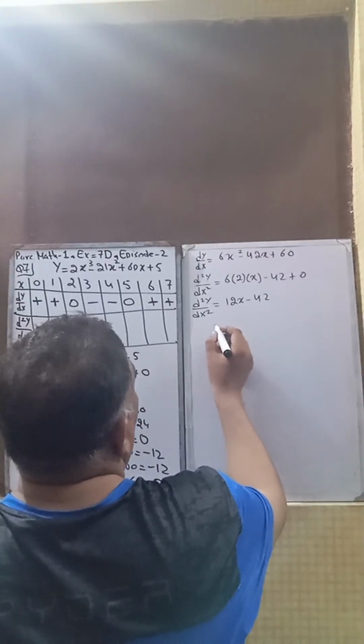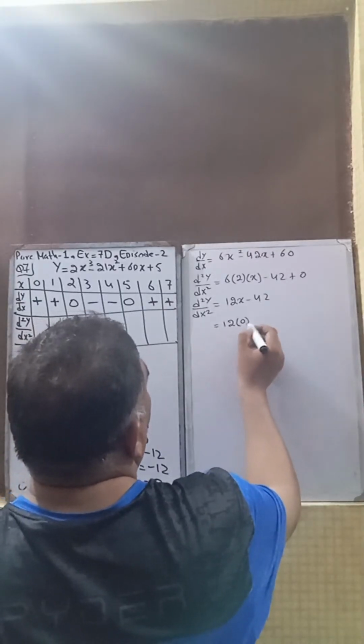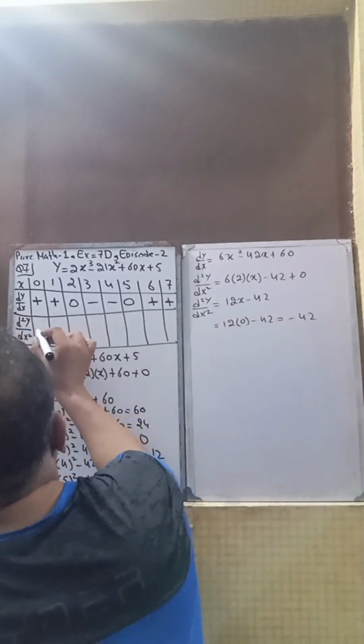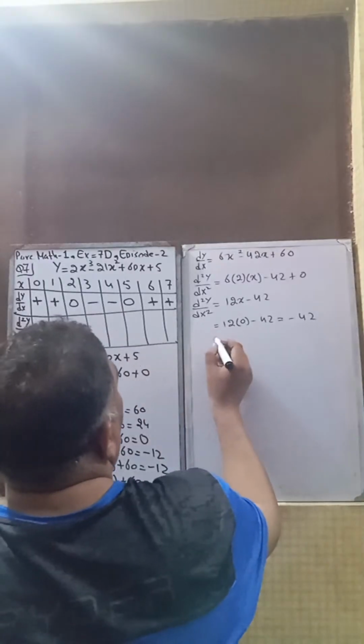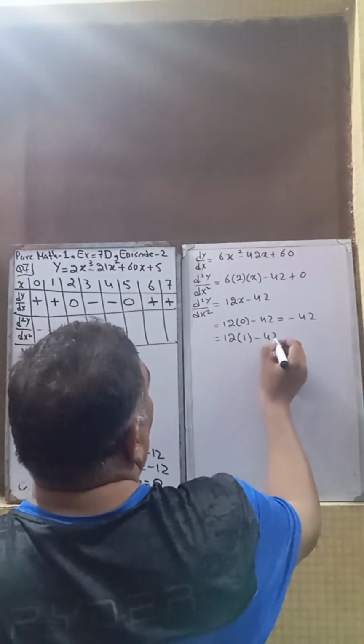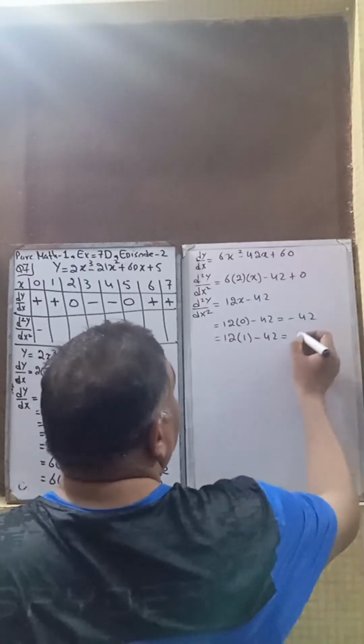First of all, I'm going to put 12 into 0 minus 42, and that will be equal to minus 42. So it will be a negative sign here. Then I will substitute x with 1: 12 minus 42, and that is minus 30.